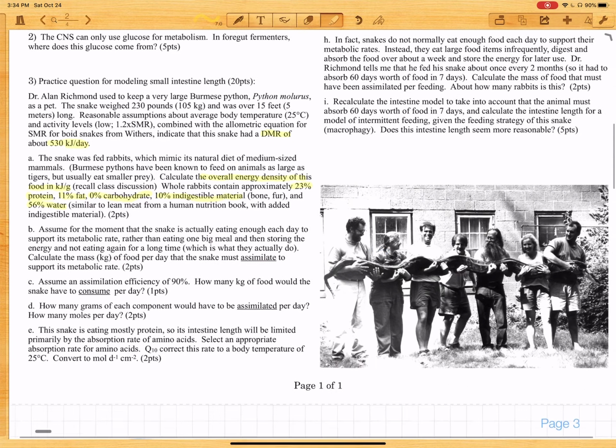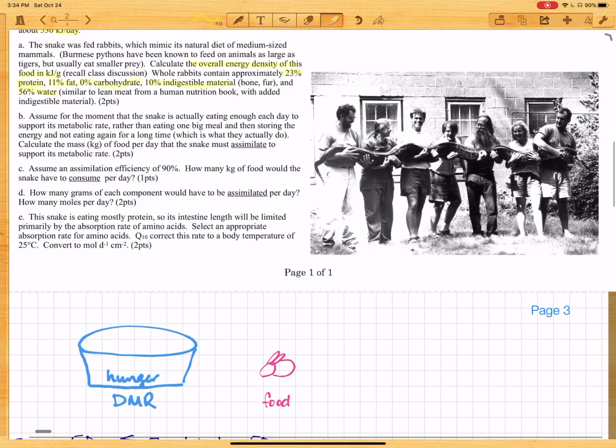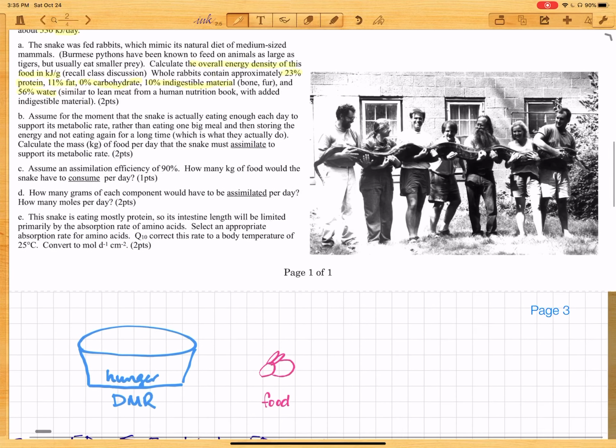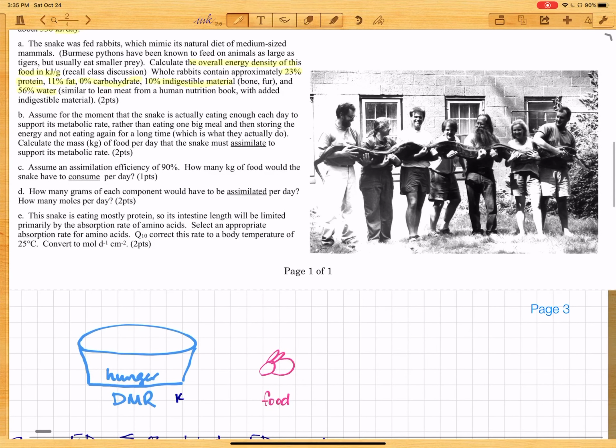Now, if you have trouble imagining what this means, think about it as the DMR is like the bucket that we're trying to fill. Think of it as your hunger, how hungry you are, okay? And you're going to fill that up. This is going to be in kilojoules, right? 530 kilojoules.